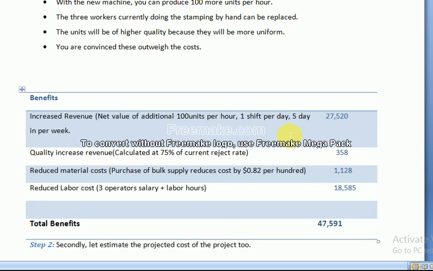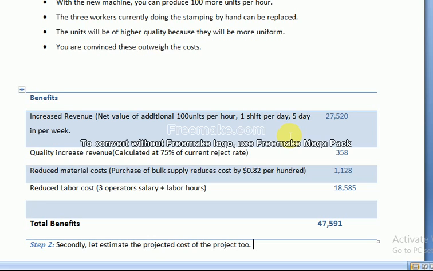So we are paying on average, to these 3 laborers as wages plus salary, $18,585. I take these imaginary values. Clear? So now we will not pay 18,585 because they will not be working. They will be replaced by machinery. Their work will be done by machinery. So this is a benefit for us.